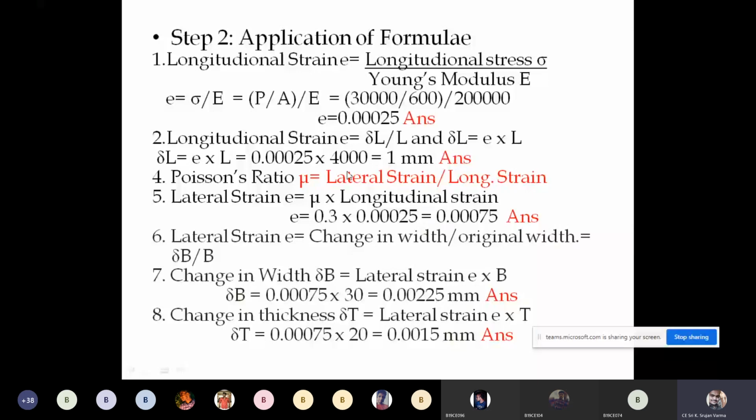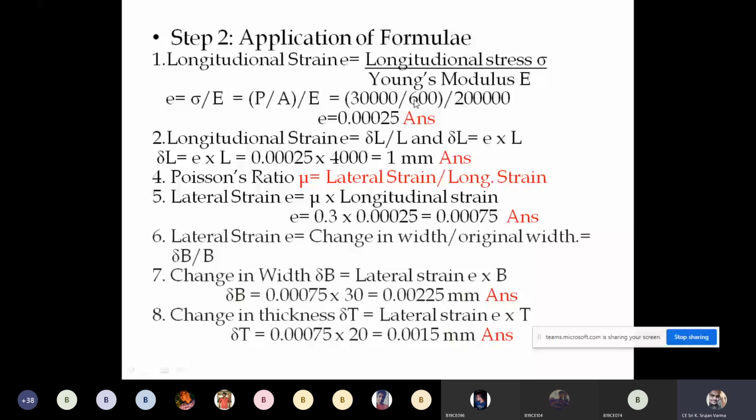Now longitudinal strain, first formula: longitudinal strain is equal to longitudinal stress divided by Young's modulus. I have substituted the value. Small e is equal to sigma divided by E. Sigma can be written as load divided by area, that is 30,000 divided by 600, totally divided by 2 into 10 to the power 5.